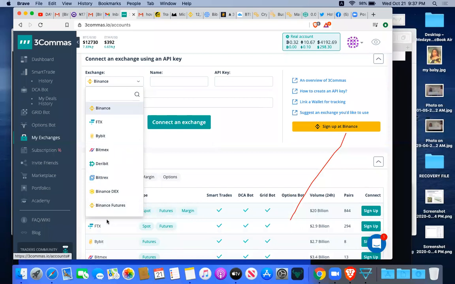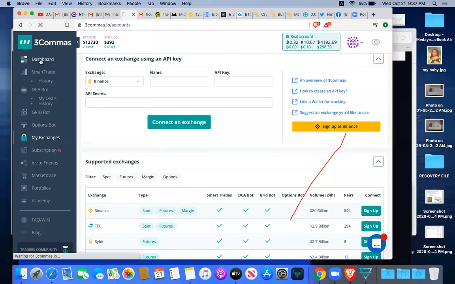Now, if you look at mine, I have 4 accounts linked to it.